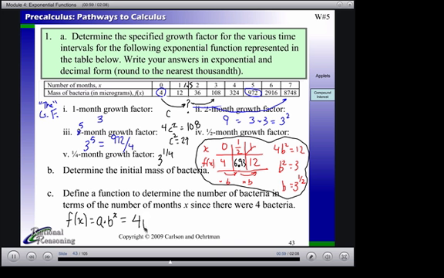What's B? This is if we want to know how much we have after X months, then we need the 1 month growth factor. Okay, but we need to set up some other ones here. That's kind of the review, kind of easy.